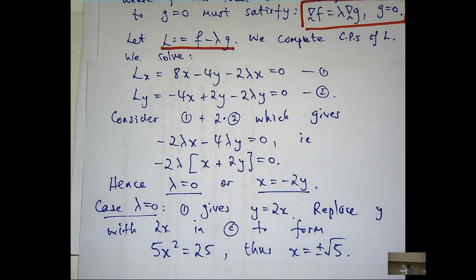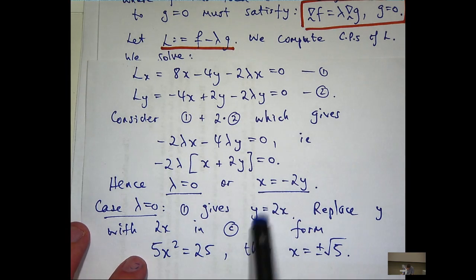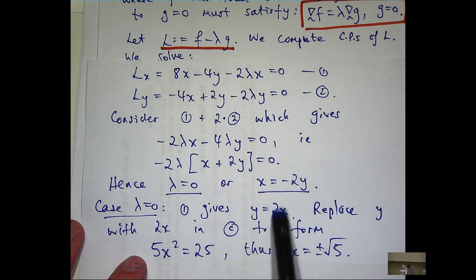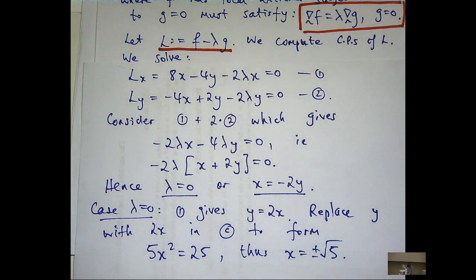Okay, so what are the corresponding y components of our point? Well, if x equals positive root 5, I can go in here, and y will equal 2 times positive root 5. If x equals negative root 5, then I'll get negative 2 times root 5.